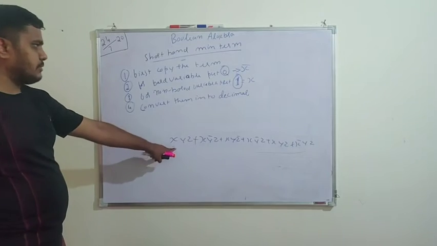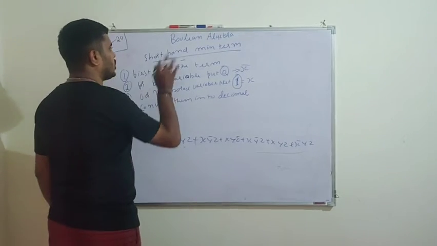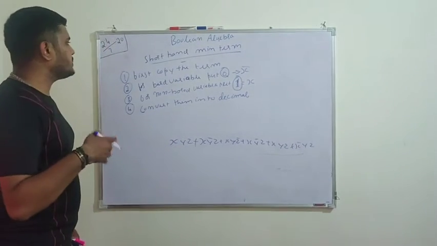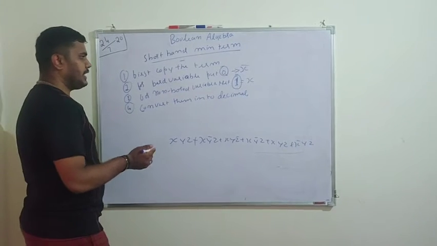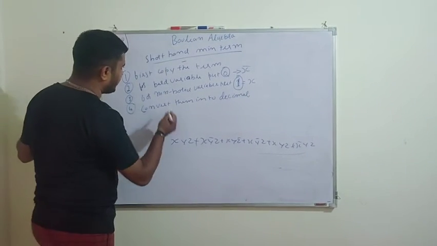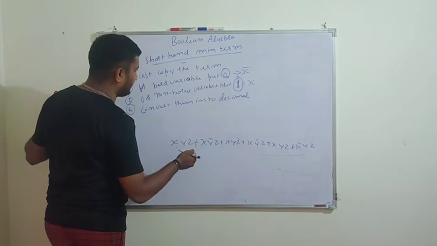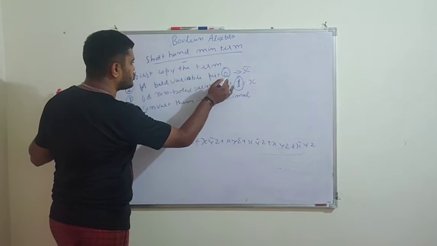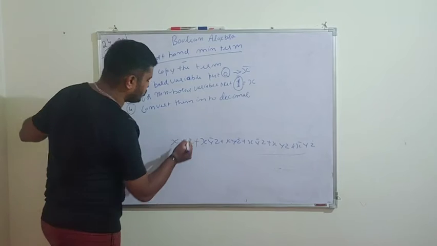So let us take this term itself and work out the shorthand minterm. Let us find which place it represents. First you should copy. I have copied this. Next, for a barred variable you should put 0, for a non-barred variable you should put 1.